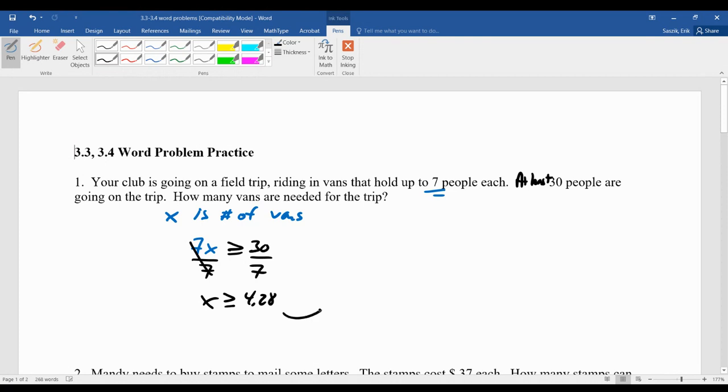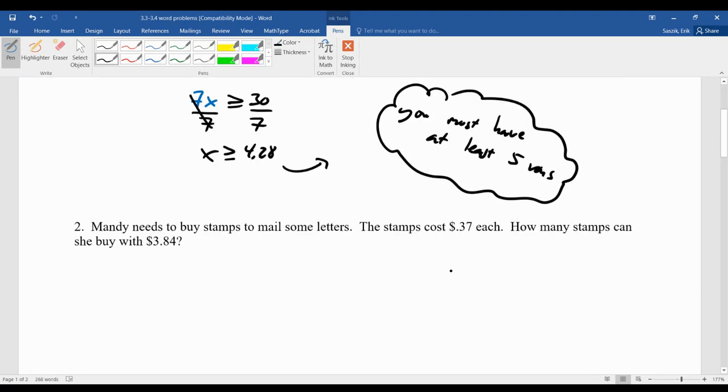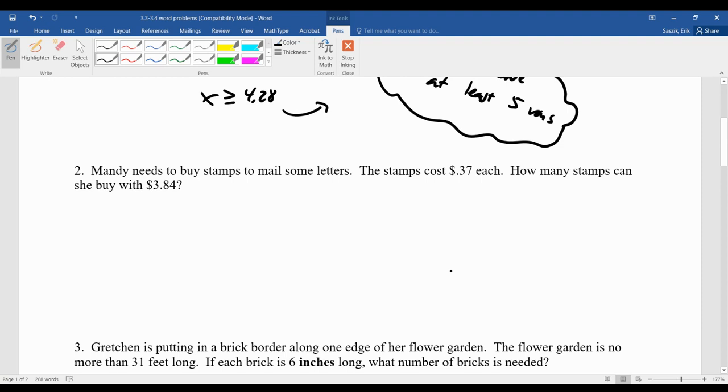So you must have at least 5 vans, because if you go down, you're going to leave someone behind potentially, right? If you had 10 vans, you're certainly going to accommodate everybody, so that'll work. Sorry about that initial snafu there, folks.